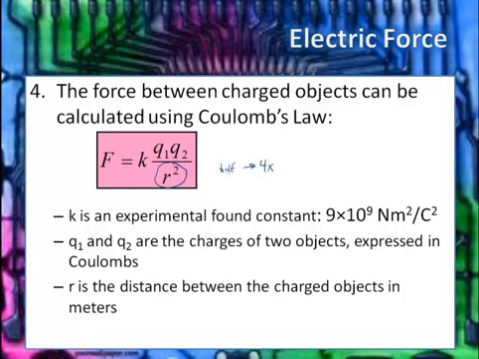And if you were to cut the distance by a factor of 10, that increases your force by a factor of 100, again because of the squared. If you double the distance, you reduce the force by a factor of 1/4, not 1/2.